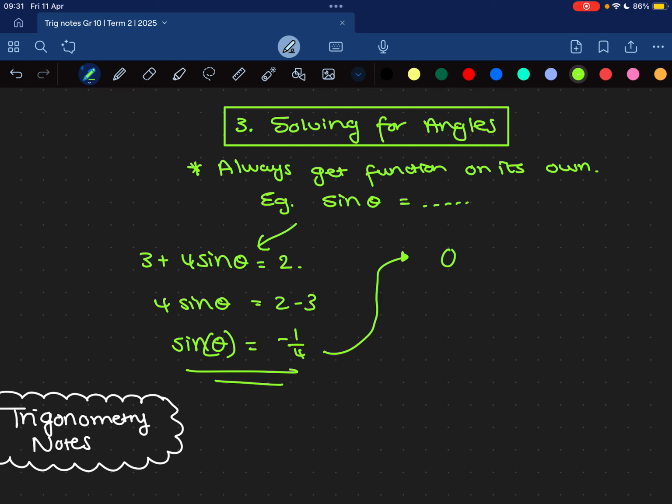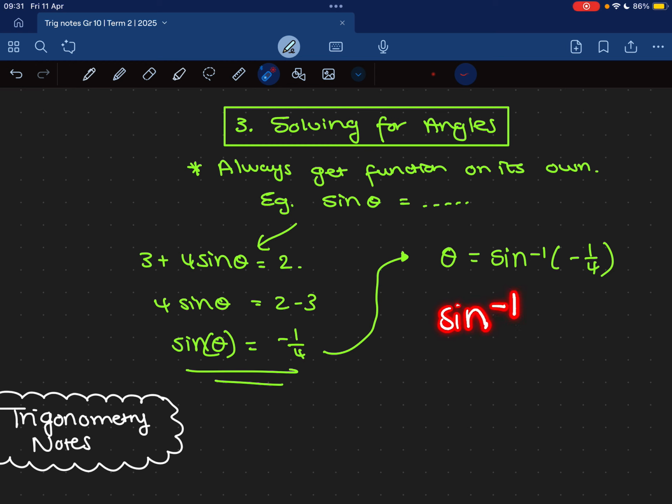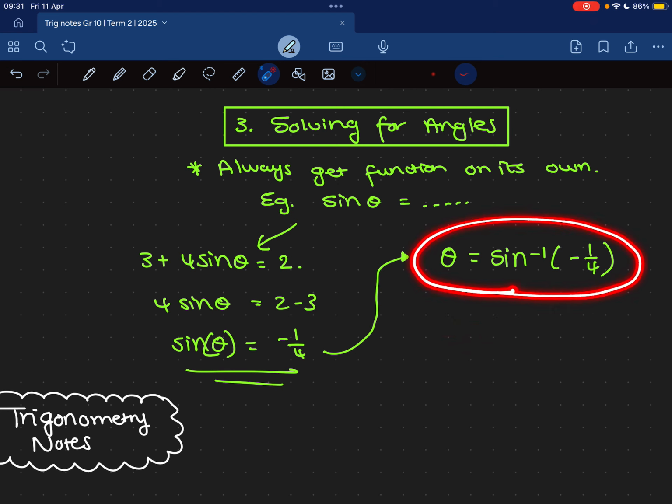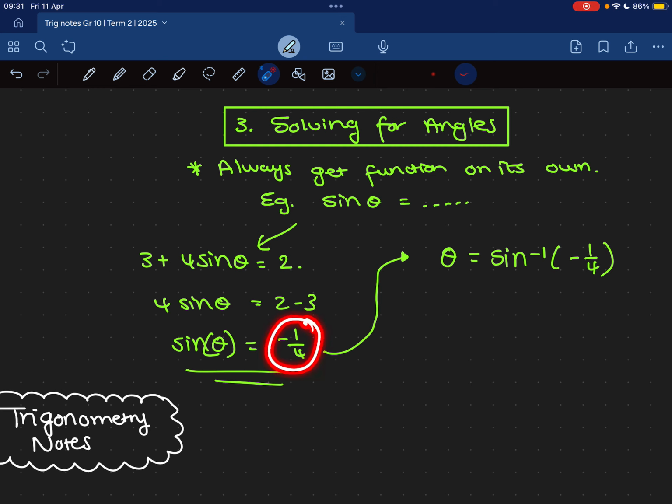So if we want theta on its own, then we have to use a special rule on our calculator, which is the arc sine or shift sine, and then we'll put the number on this side in brackets. On your calculator, you find where sine is, and you'll notice that if you press shift sine, it'll give you sine to the negative 1. That is only when you are solving for theta. So be very careful. It's not sine of negative 1 over 4, it's arc sine of negative 1 over 4.